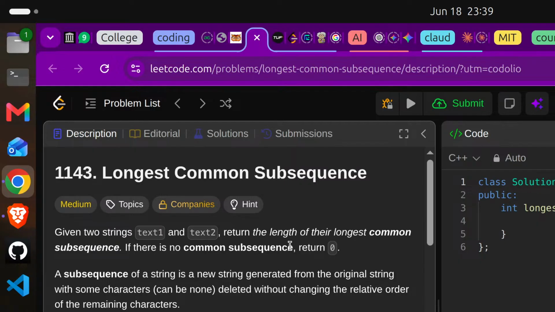Let's perform this tabulation here. Okay, right. This tabulation goes like this. Okay, let's draw a line first, right? Like this, correct. So A and A is matching, 1, right? 1 plus diagonal.